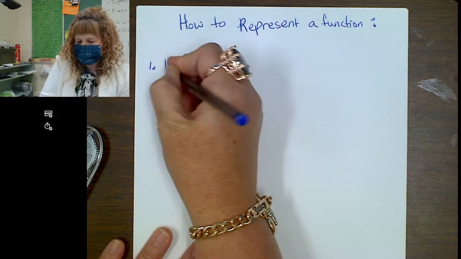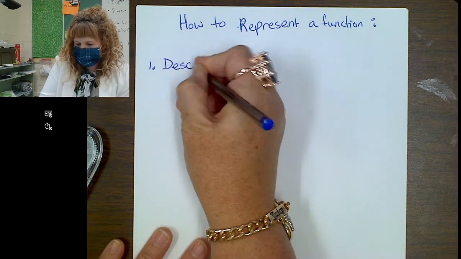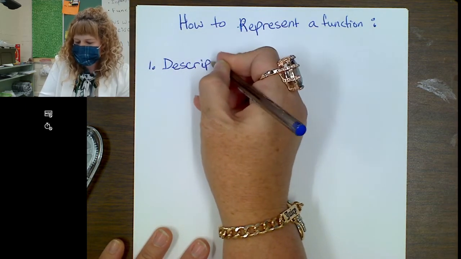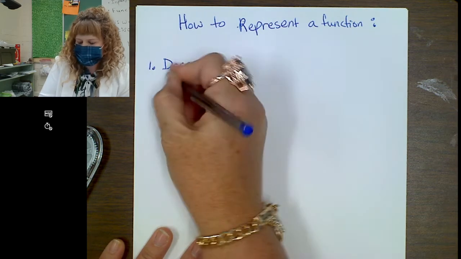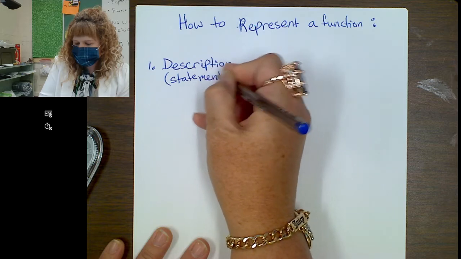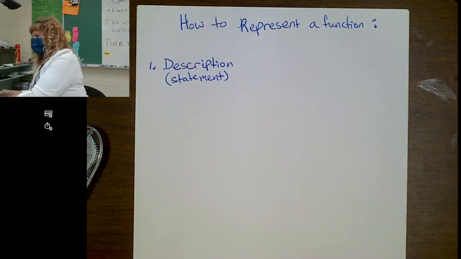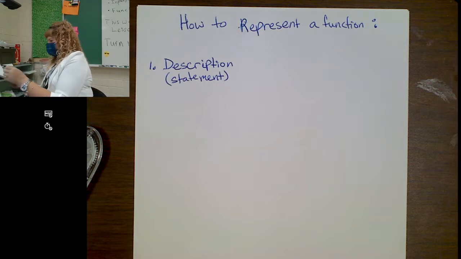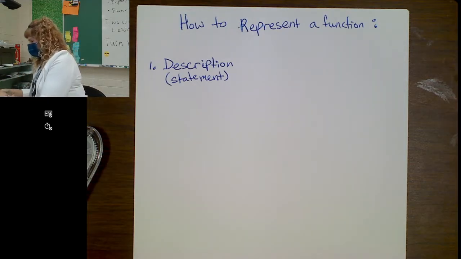And there are 4 different ways to represent a function. First, you can have a description, or we'd call that just a statement. Write that down. And I'm going to give you a statement that you'll actually see in your homework assignment.